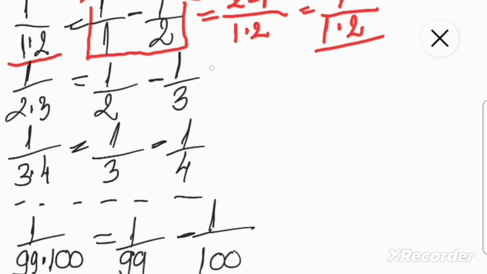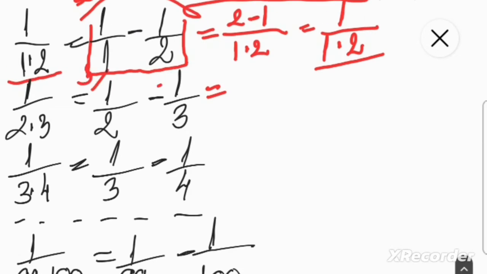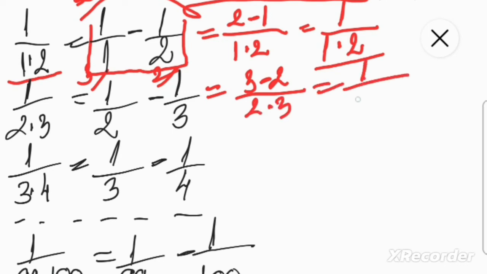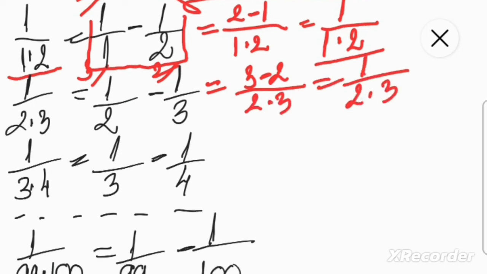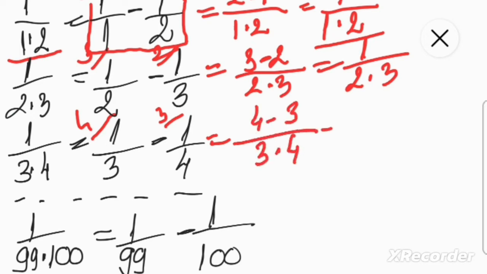Also in here, we amplified with 3 and 2, and we have 3 minus 2 over 2 times 3, which is equal to 1 over 2 multiplied by 3. And here also, in the same way, here we multiply by 4 and here we multiply by 3. So we have 4 minus 3 over 3 multiplied by 4, which is equal to 1 over 3 multiplied by 4.